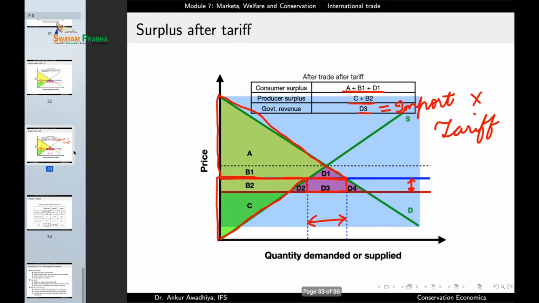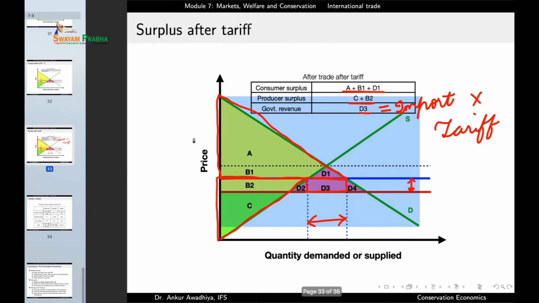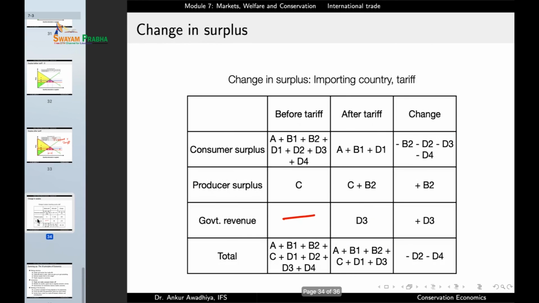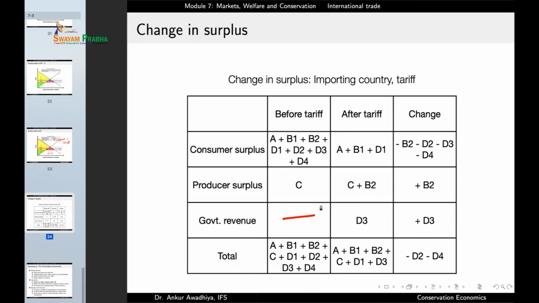After the tariff, we have the consumer surplus as A plus B1 plus D1 here. The producer surplus is C plus B2, which is here, and a government revenue of D3, which is what we are writing here. So what is the change?